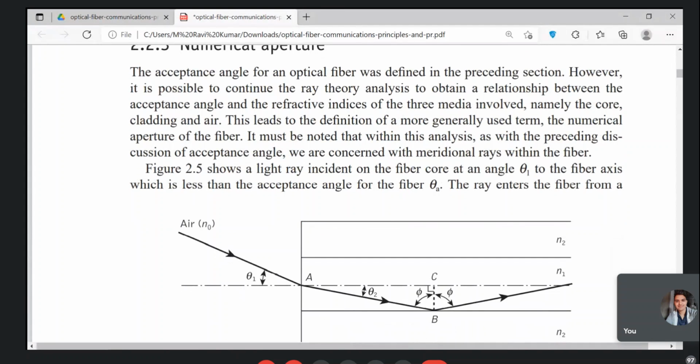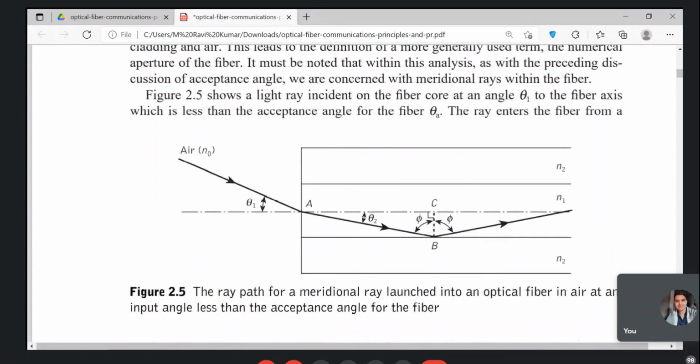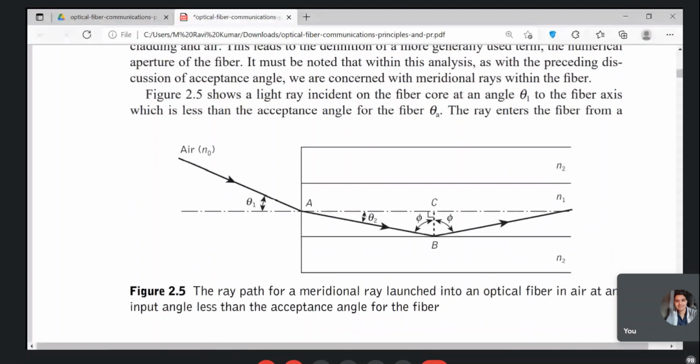Based on this, there's a small derivation about how you can find numerical aperture. From air, the refractive index here is given as N0, and here you have the core refractive index as N1 and cladding refractive index as N2.